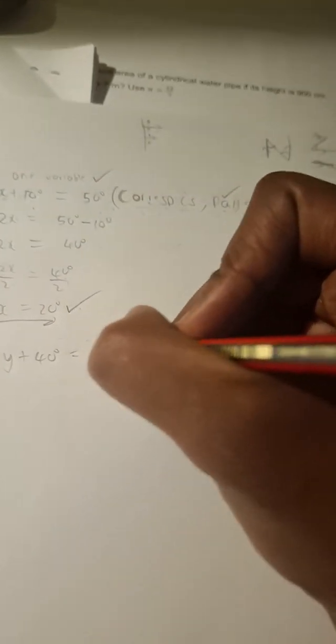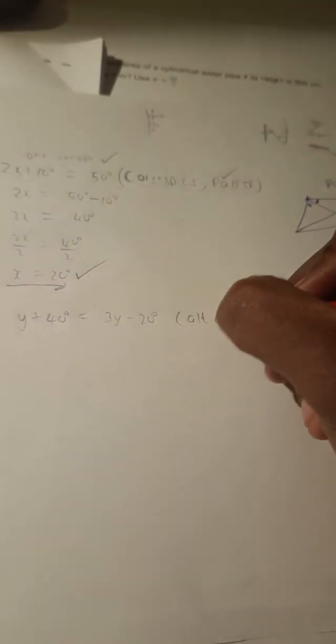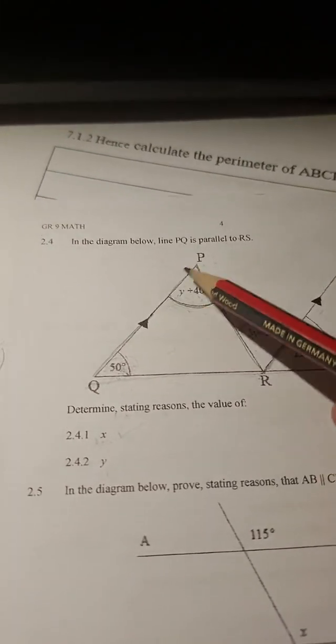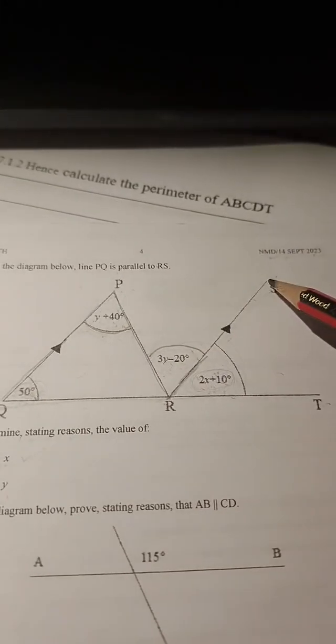Y plus 40 degrees is equal to 3y minus 20 degrees. What's the reason? Alternate angles. Then we state the lines that are parallel: PQ is parallel to SR.